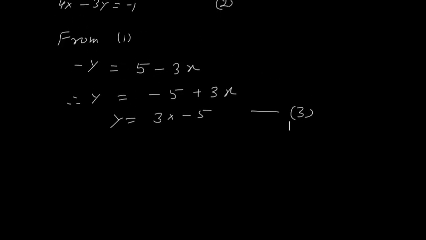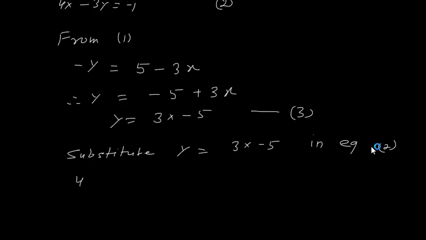So substitute y equal to 3x minus 5 in equation 2. When we substitute in equation 2, we get 4x minus 3 times (3x minus 5) is equal to minus 1.